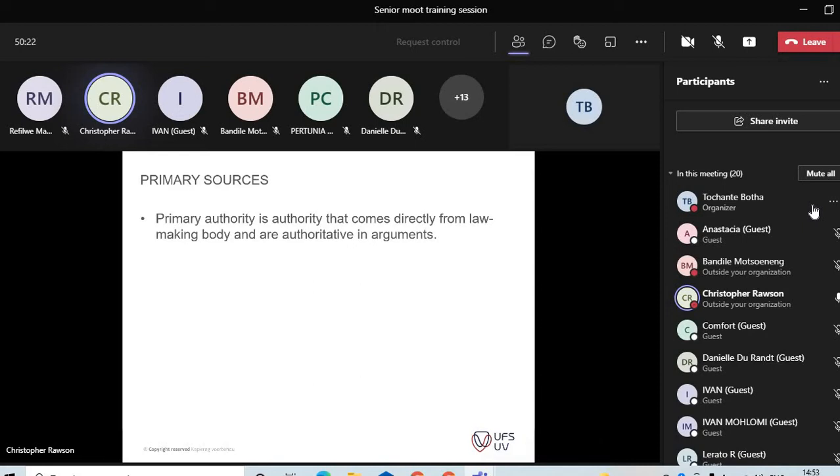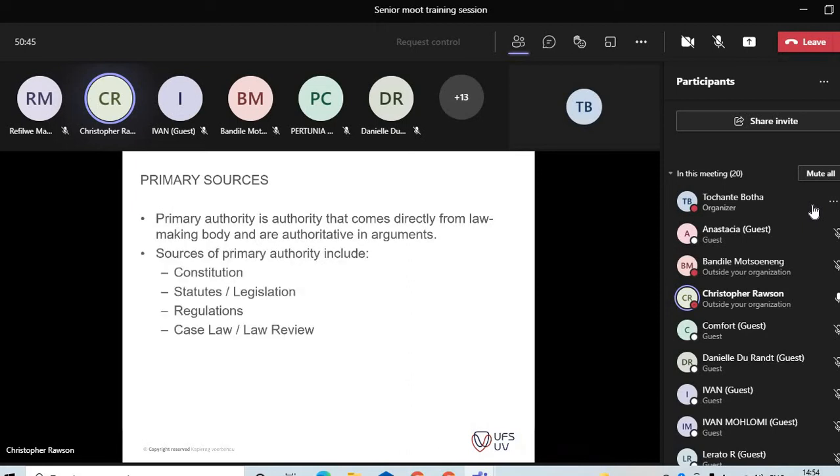Your regulation would be your primary source, and that is an authoritative argument in a court of law. It's very simply set out. If you get arrested because you took your dog for a walk at 2 o'clock in the morning, the question in front of the court is, what does the primary authority say about this specific conduct?